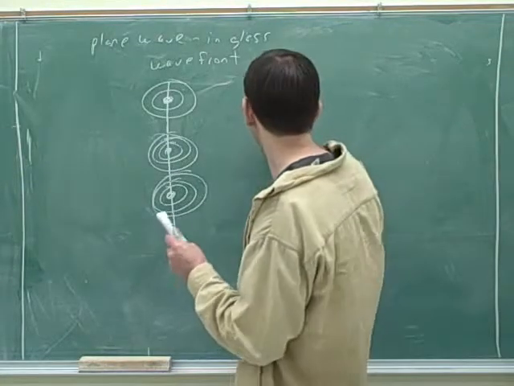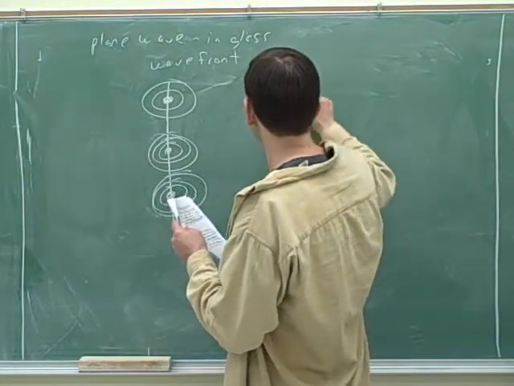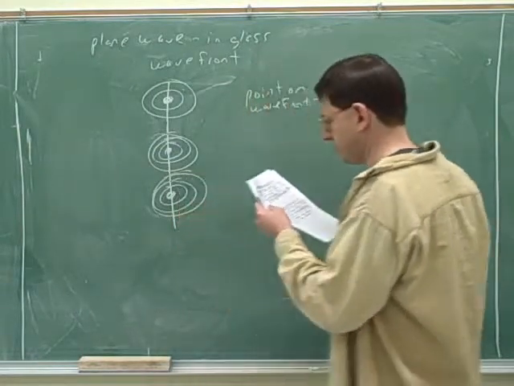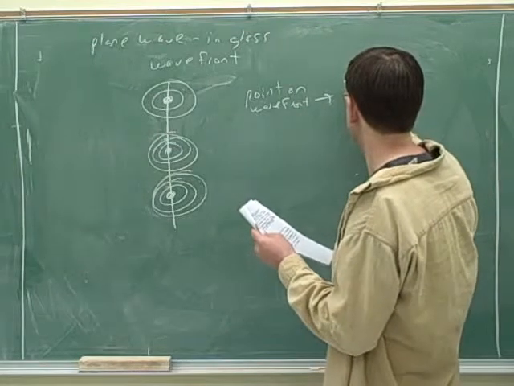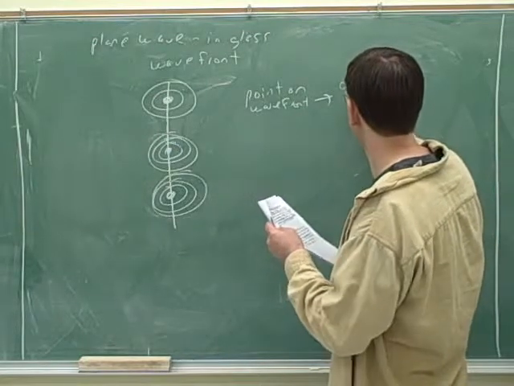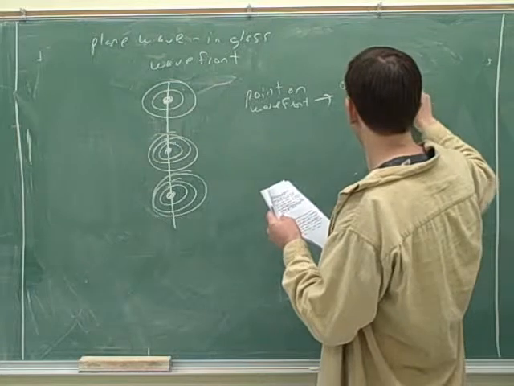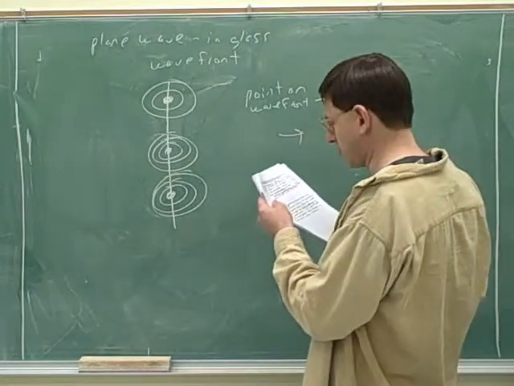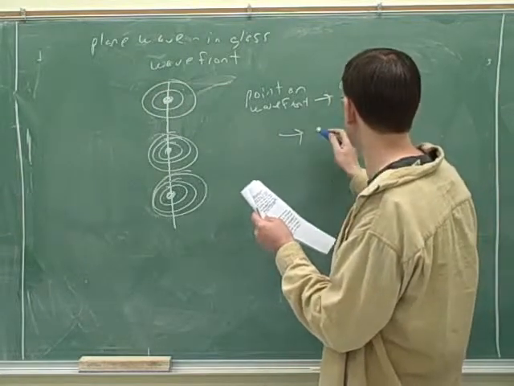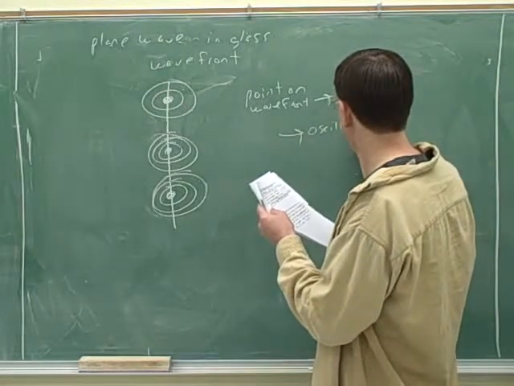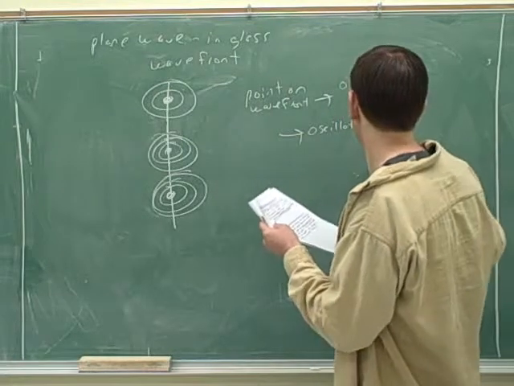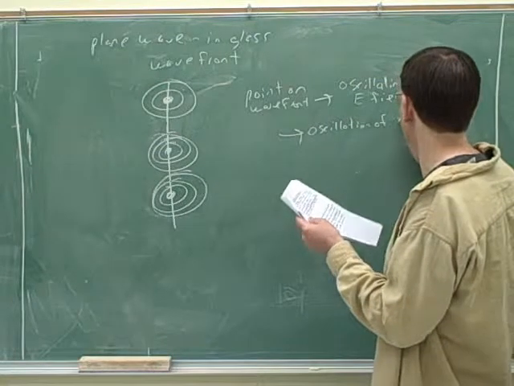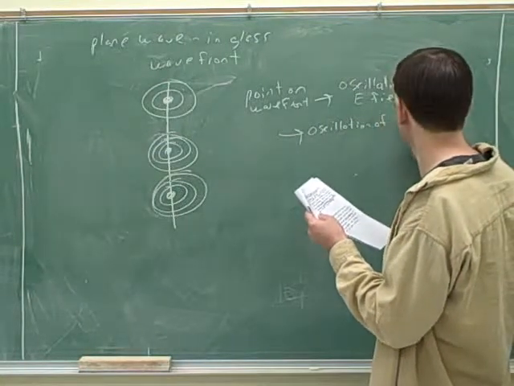So a point on the wavefront has an oscillating electric field, so that leads to oscillation of an atomic or molecular dipole.